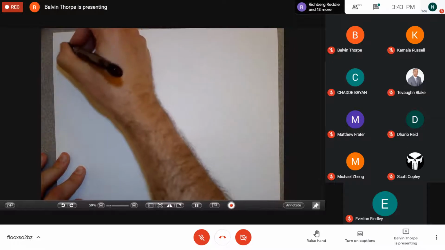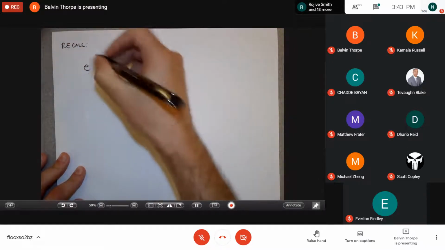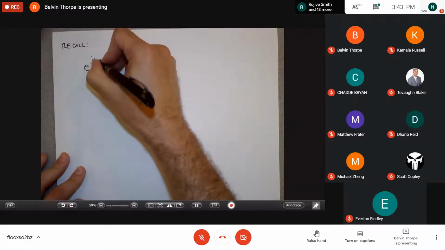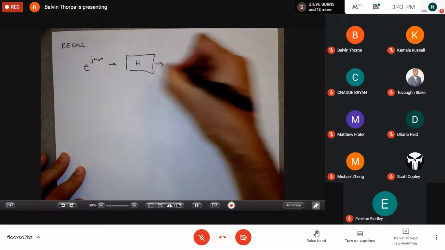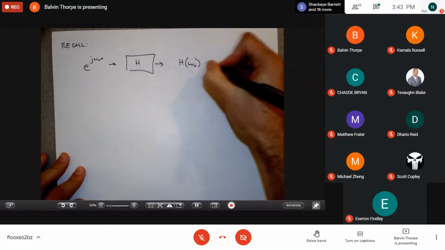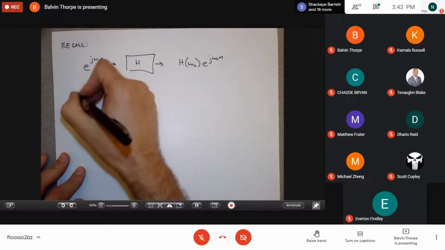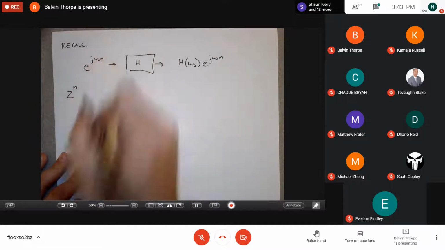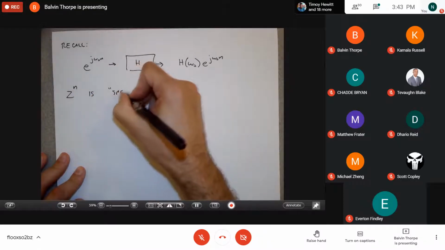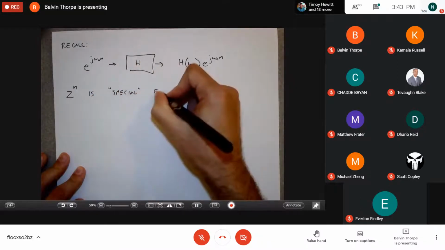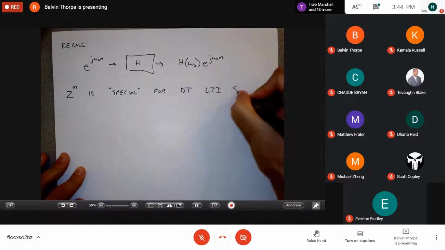Remember that if I had something like e to the j omega 0 n and I put that into the system, what came out was basically the frequency response. In the same way, z to the n, more generically, is special for discrete time LTI systems.